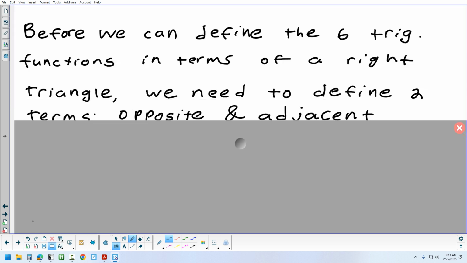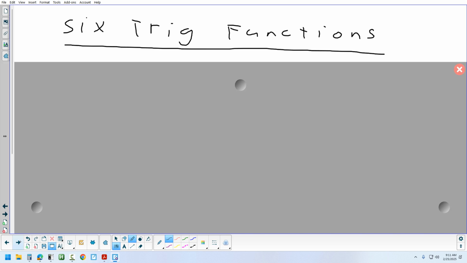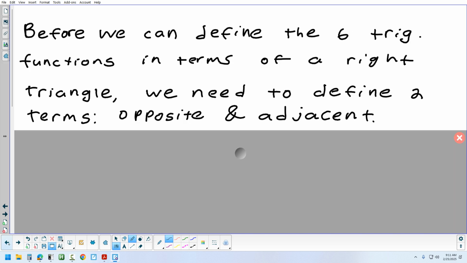All right, so what we're going to do is we're going to look at writing down the 6 trig functions, just like we've done before: sine, cosine, tangent, cosecant, secant, cotangent. But we're not going to define them using a unit circle. We did the unit circle last week, before vacation. So sine was y, cosine was x, tangent was y over x.